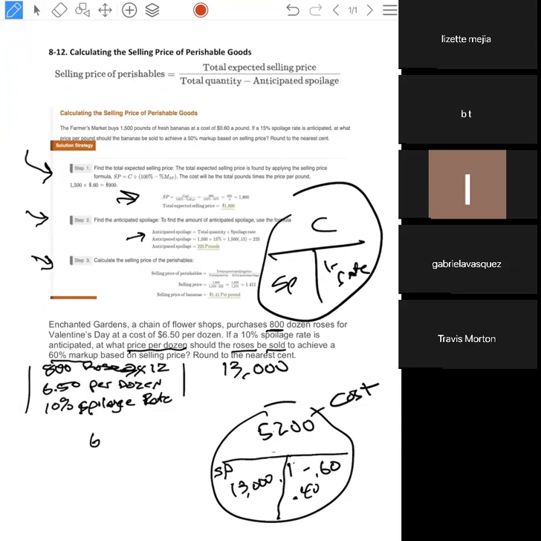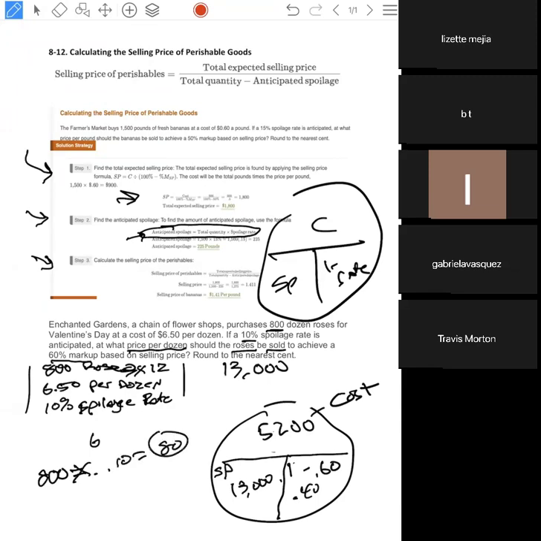That's the total amount. However, I'm going to have some spoilage on that. So anticipated spoilage is this formula right here. The total quantity was 800 dozen, and I'm going to lose a 10% rate, so I multiply by 0.10, which is 80.